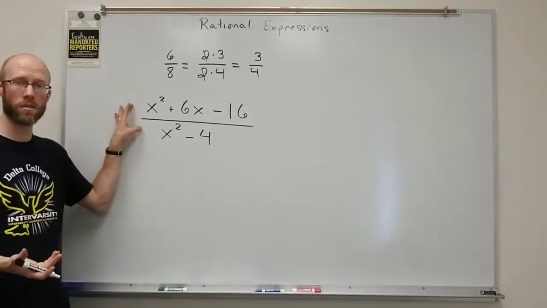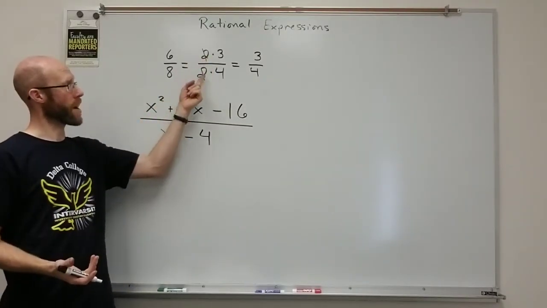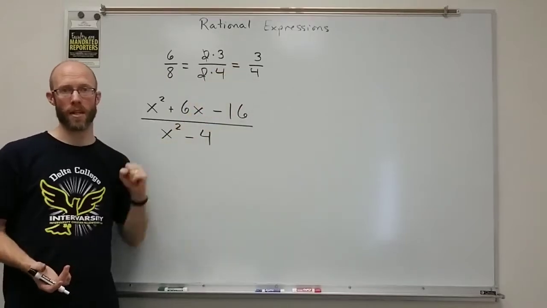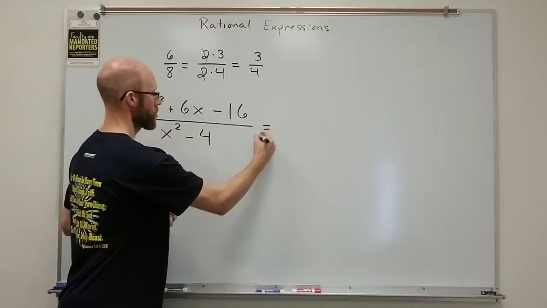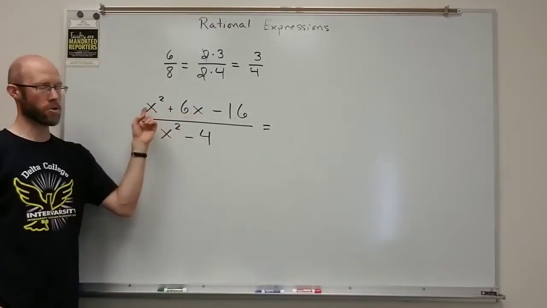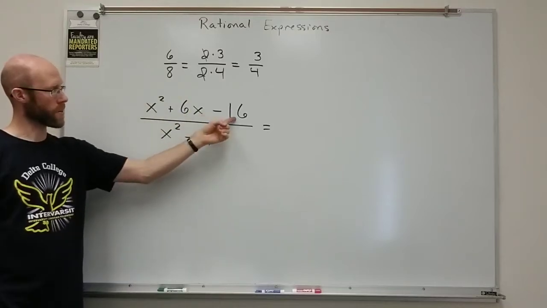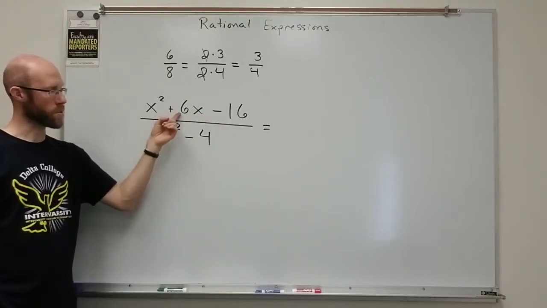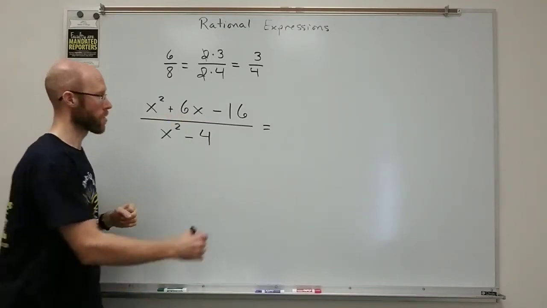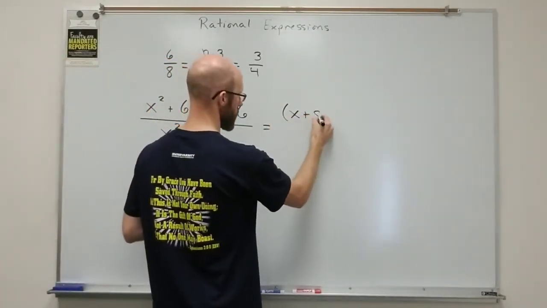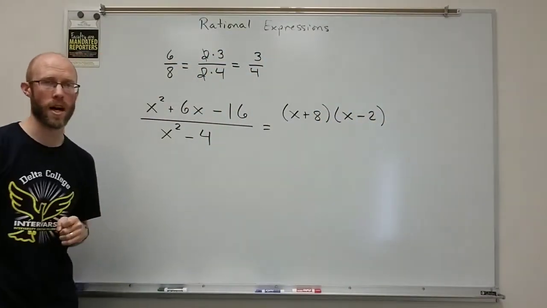So this is a fraction, and again, to reduce this, if possible, we'd have to factor the numerator and the denominator and cancel the common factors. So here I factor on top. This is a trinomial. Lead coefficient is 1. So we'll look for factors of -16 that add up to 6. The values are +8, -2. So we're going to have x plus 8 and x minus 2 as the two factors on top.